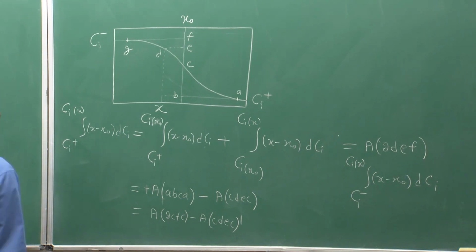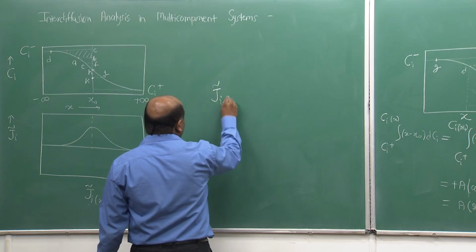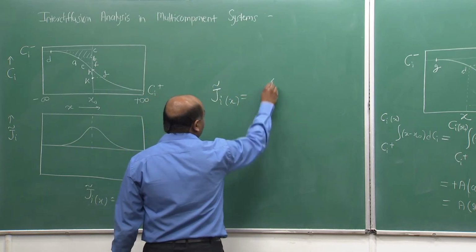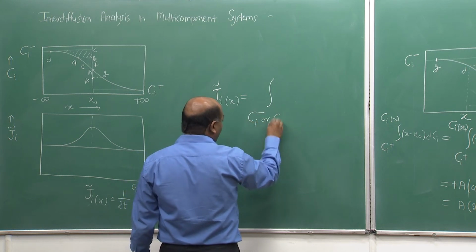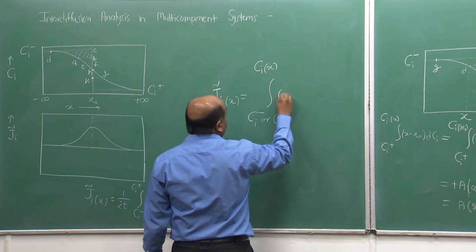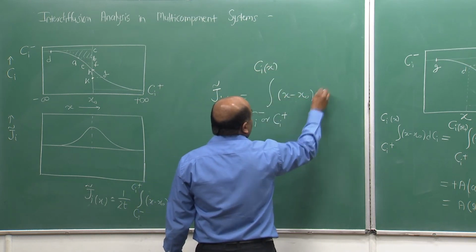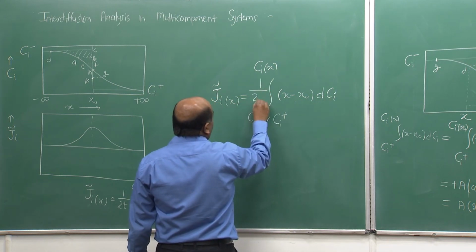So, we can modify the formula a little bit for Ji tilde at x as integral from either Ci minus or Ci plus to Ci at x, x minus x naught dCi. We need to multiply by 1 over 2t.